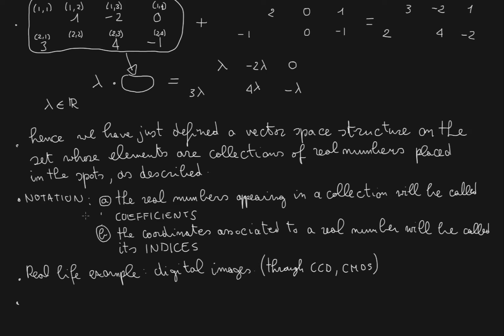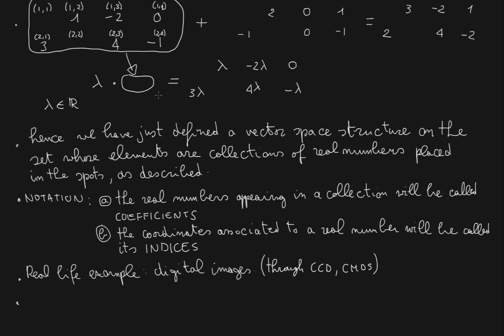Basically, the reason for this is because there is a supplementary algebraic structure that is extremely interesting inside certain sets of matrices, which can be defined only if the numbers are placed on a rectangular region without blank spots.